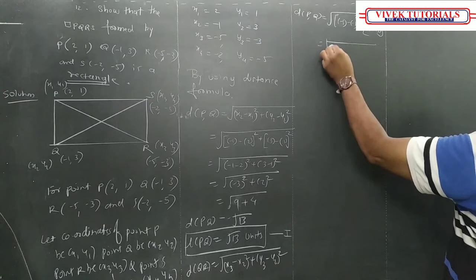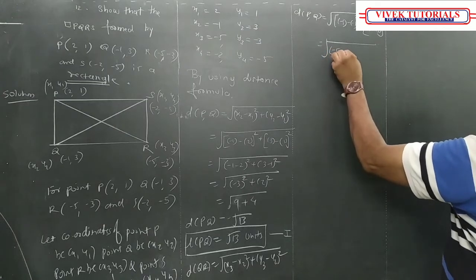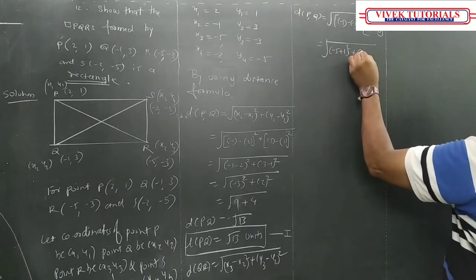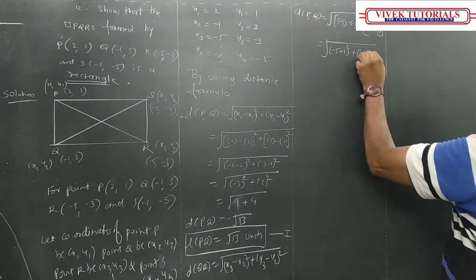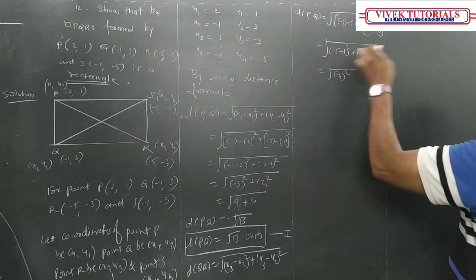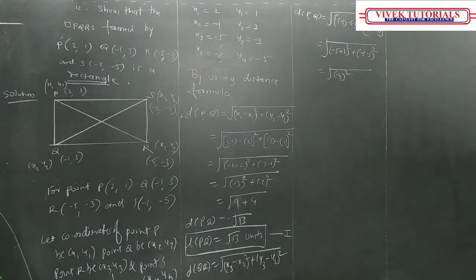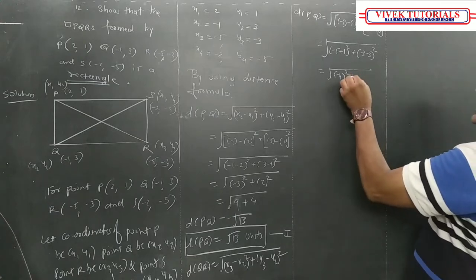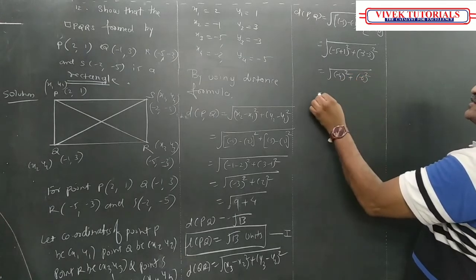It is coming as (-5 plus 1) the whole square, (-3 minus 3) the whole square, that is (-4) squared and (-6) squared.